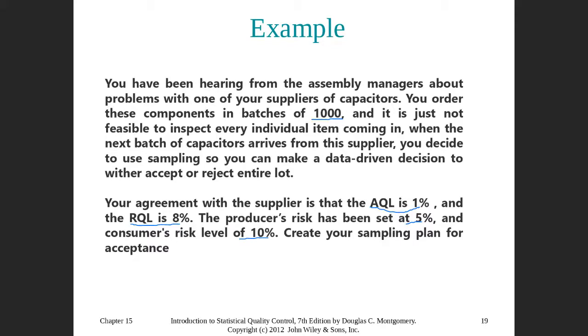You can refer to the number of defectives or the percentage, based on the question. Here he gave it to you as a percentage. He could give you the AQL and the RQL as a number of defectives per million. Since it is a percentage, he gave you the percentage for accepting and rejecting.